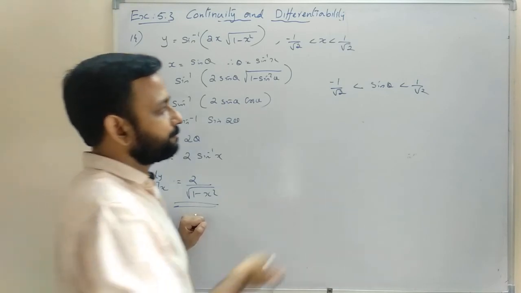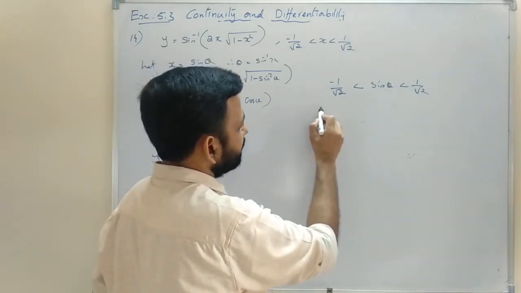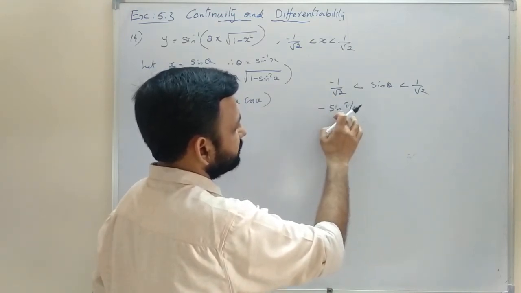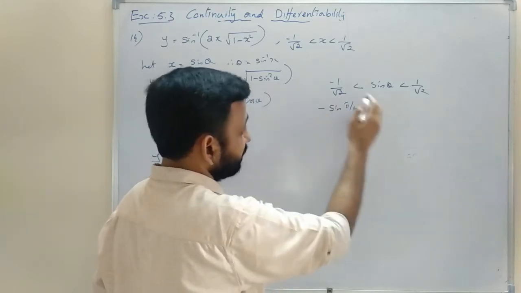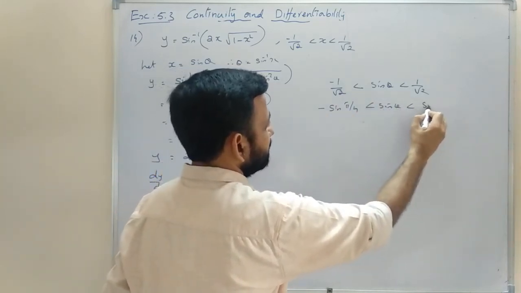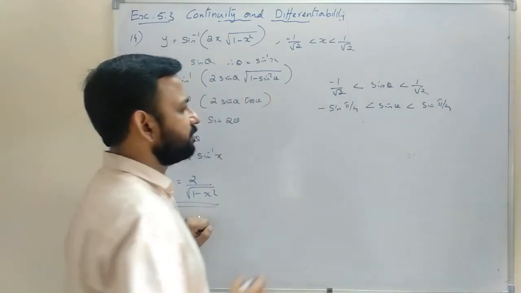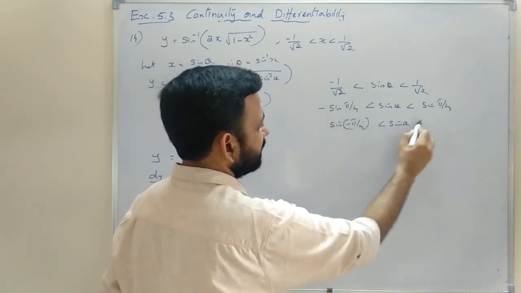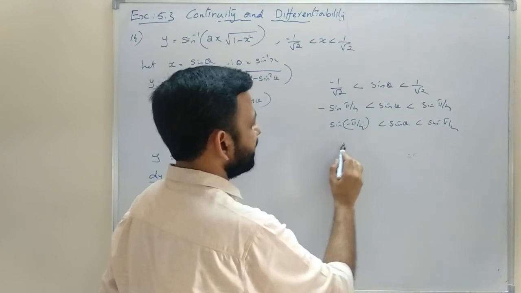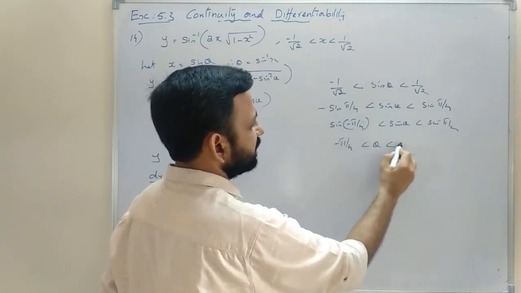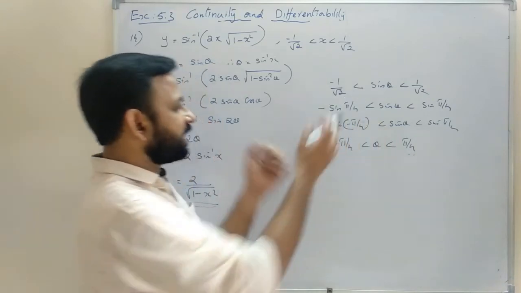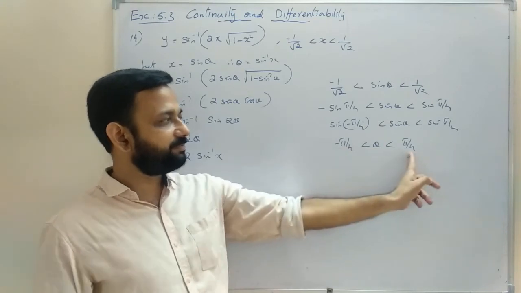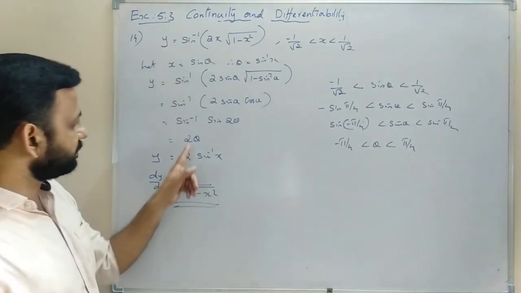So this can be written as minus sin pi by 4 less than sin theta less than sin pi by 4. Minus sin pi by 4 is sin of minus pi by 4, so we can write minus pi by 4 less than theta less than pi by 4. So when x lies between minus 1 by root 2 and plus 1 by root 2, theta lies between minus pi by 4 and plus pi by 4. And here it is 2 theta.